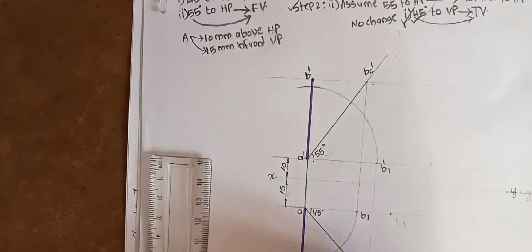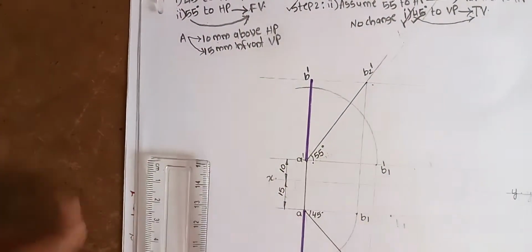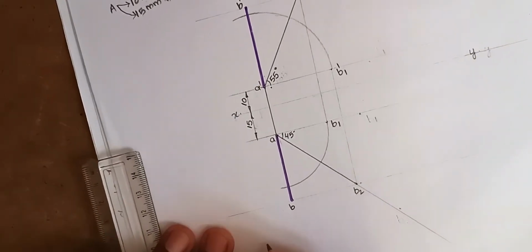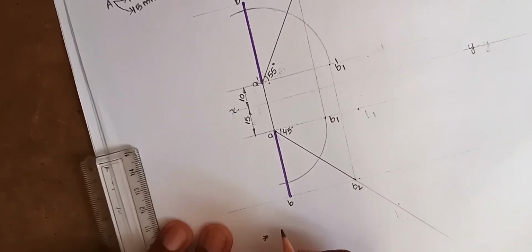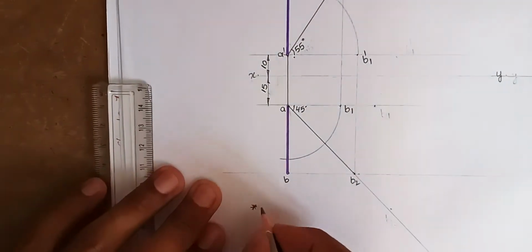Okay, students, like that we have finished this one, but now we have to understand one thing: whenever such angle conditions are given, we get only straight lines.